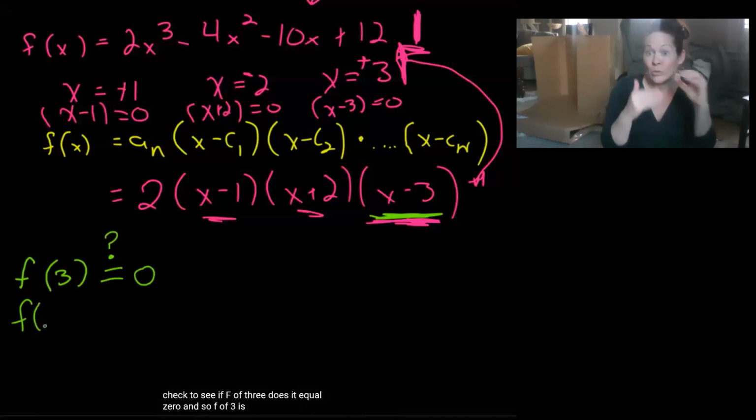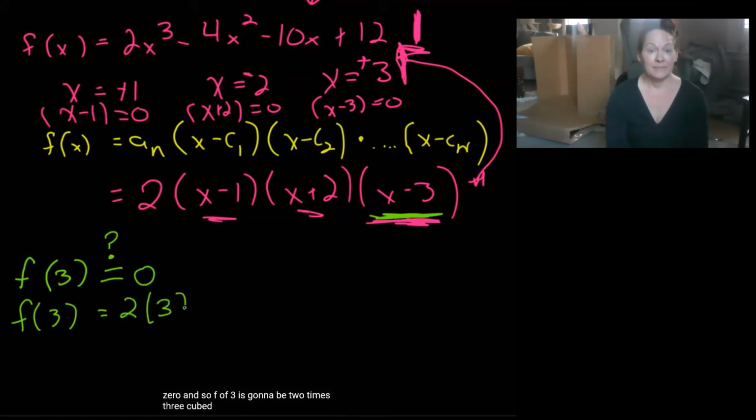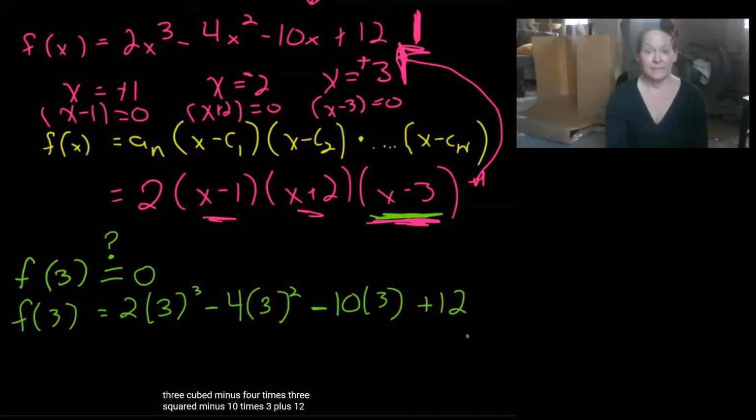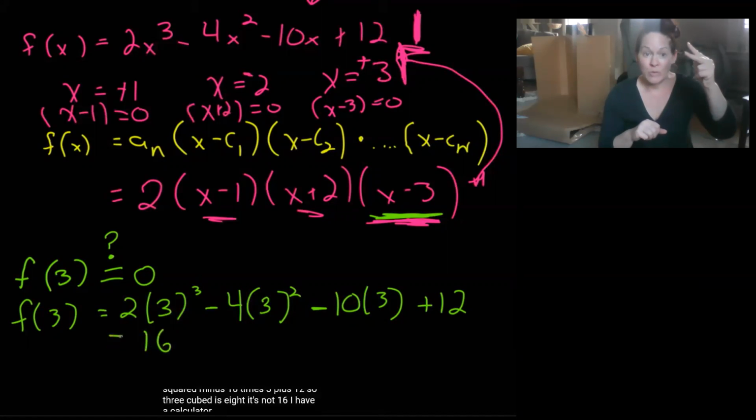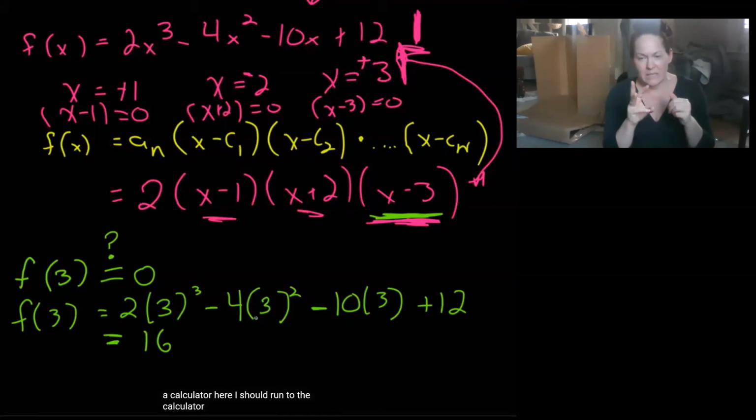And so f of 3 is going to be 2 times 3 cubed minus 4 times 3 squared minus 10 times 3 plus 12. So 3 cubed is 8, so that's 16. I have a calculator here, I should run to the calculator.